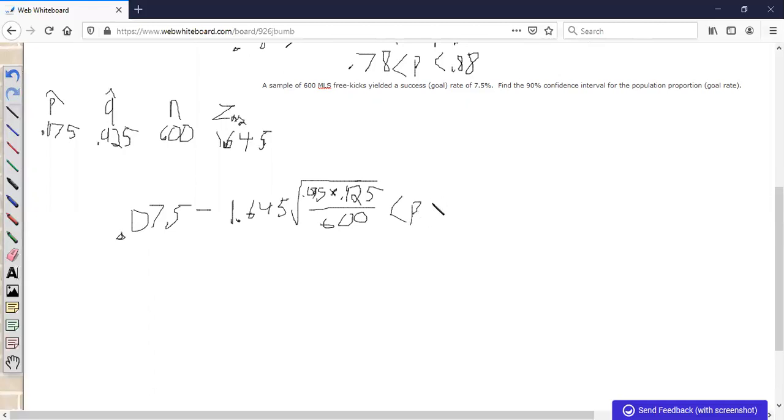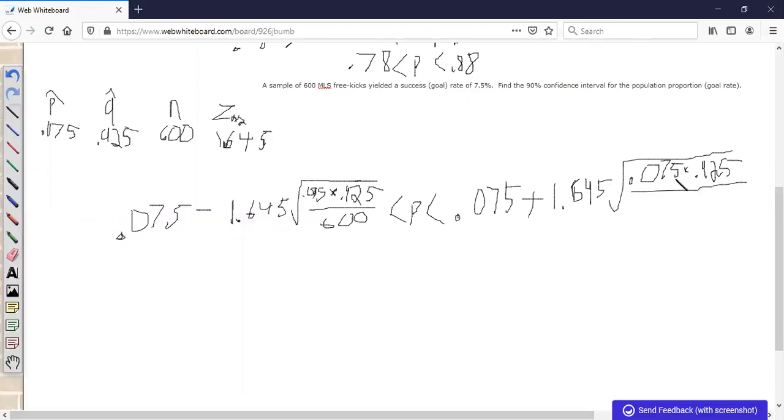And once again, less than p, less than 0.075 plus 1.645 times that same square root of 0.075 times 0.925 over 600.